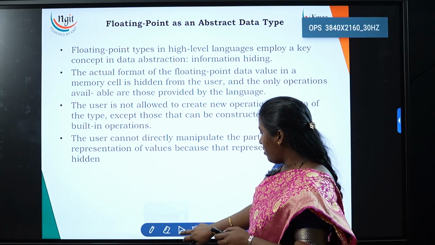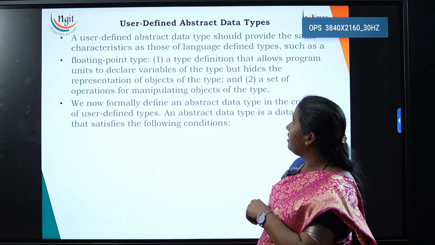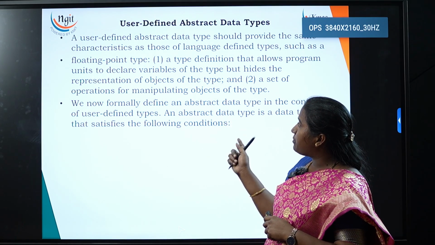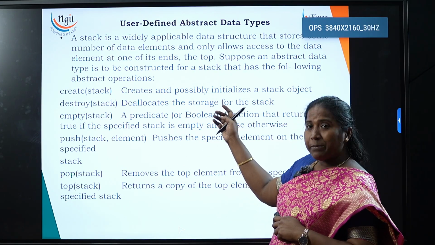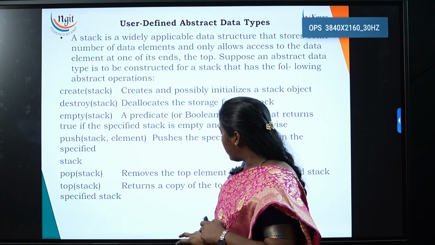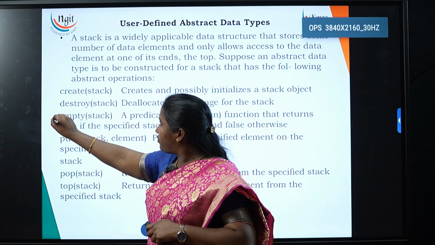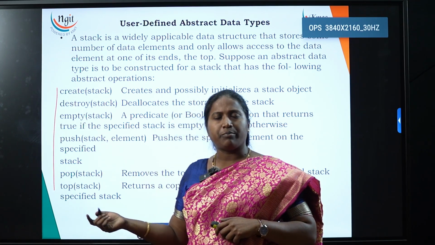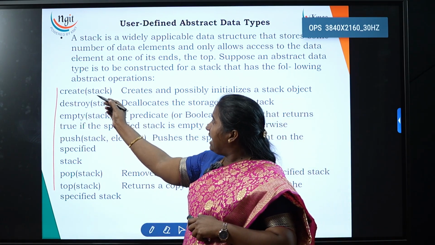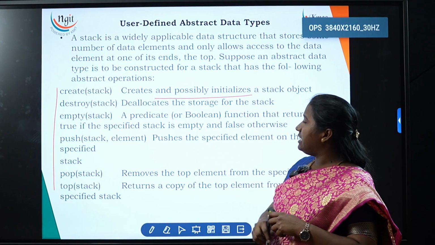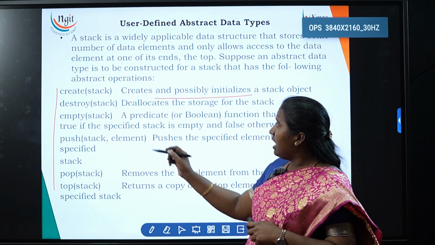Fine. Now we'll see the next thing, which is the user defined abstract data type. Look at this example. There I have defined some procedures, or you can say subprograms. Create stack creates and possibly initializes a stack object.